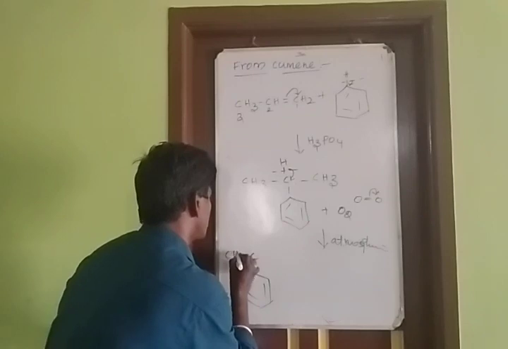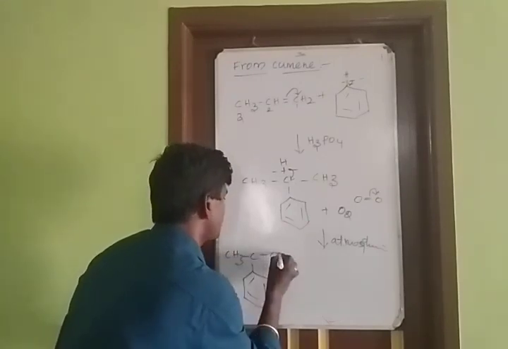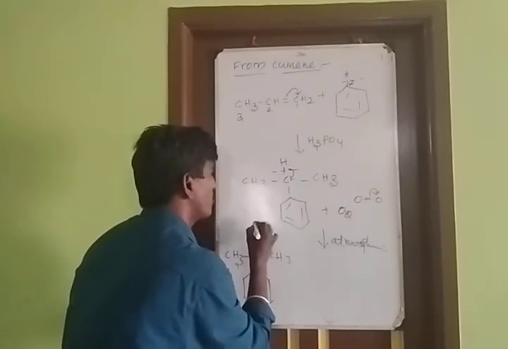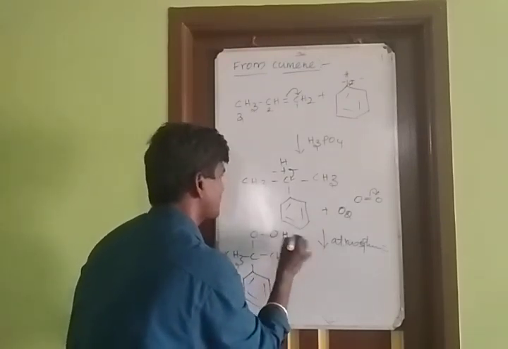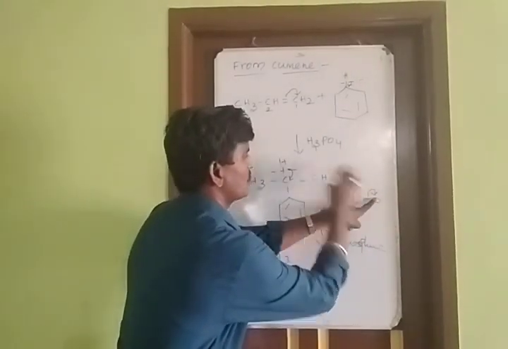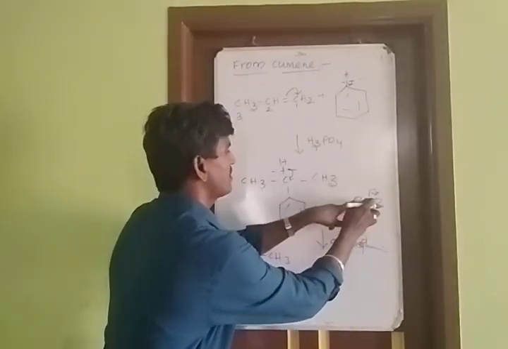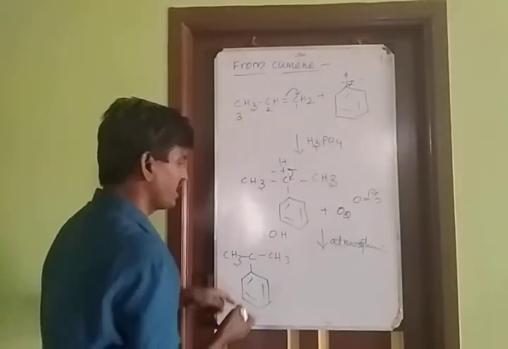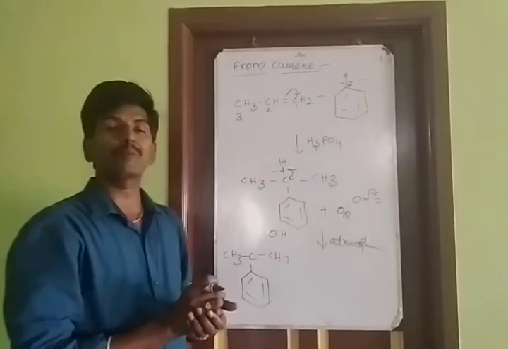C, CH3, CH3, H plus, listen, O bond OH. Are you clear? O single bond, O minus, H plus, OH. Here single bond. This oxygen plus, carbon minus. Okay, this is cumene hydroperoxide.